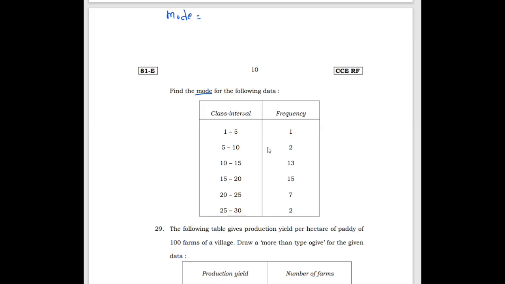So here, first write the mode formula. What is the mode formula? L plus, remember, F1 minus F0, 2 times F1 minus F0 minus F2, multiplied by H. See, how to remember?